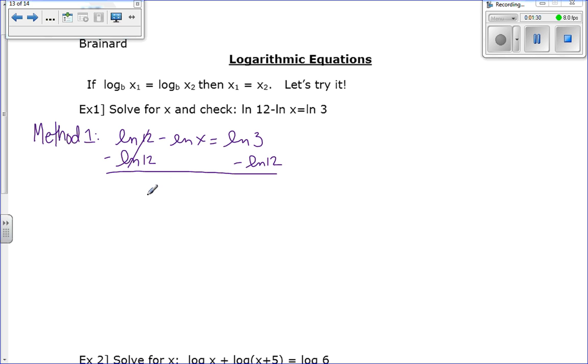And I end up with negative natural log of x equals a negative natural log of 12 plus the natural log of 3. And I need to divide both sides by negative 1.